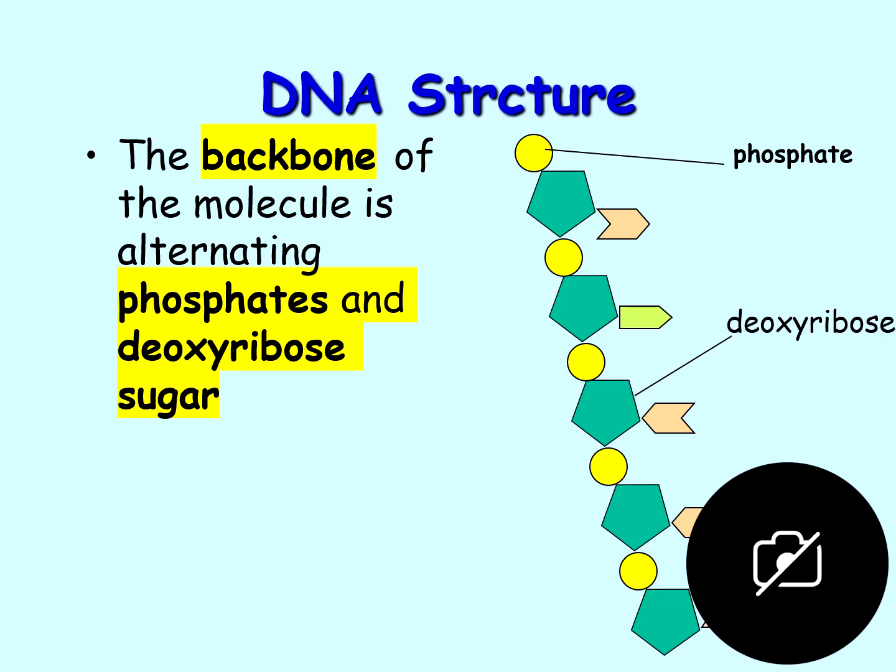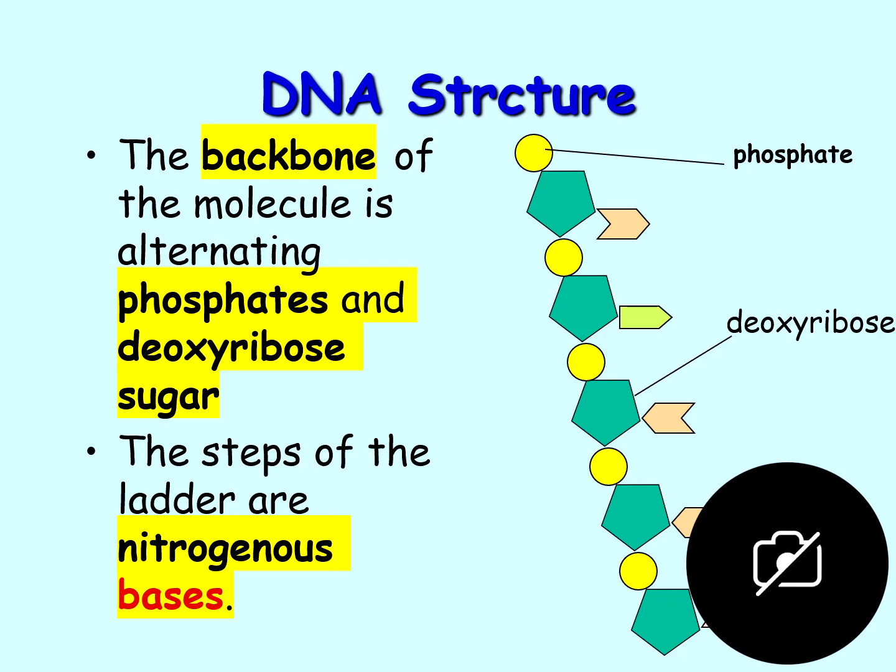It kind of looks like a house. So it's phosphate, sugar, phosphate, sugar, phosphate, sugar. And that's what we call the backbone of DNA. If you think of DNA as looking like a ladder, this would be like the handrails of that ladder. The name of that sugar is deoxyribose.